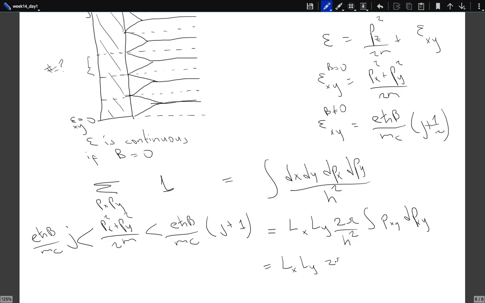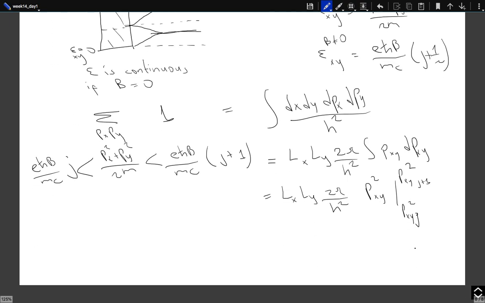So Lx Ly 2 pi over h squared times pxy squared evaluated from pxy j to pxy j plus 1 squared.